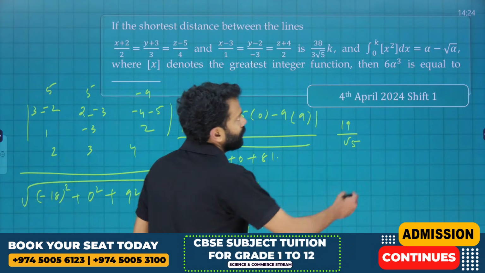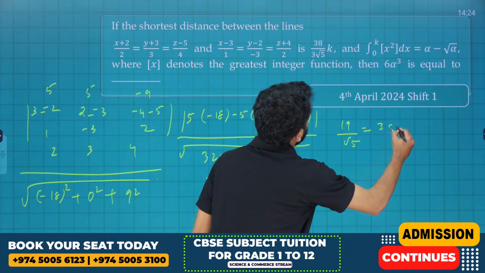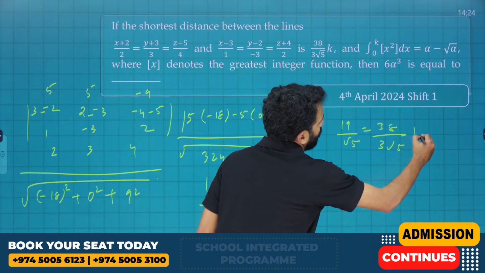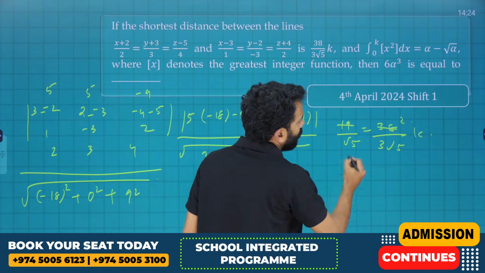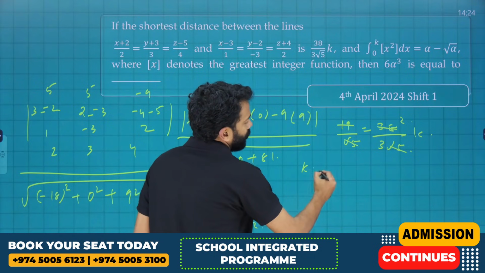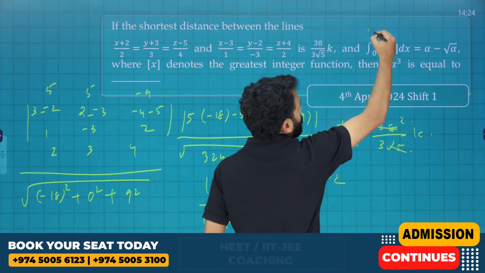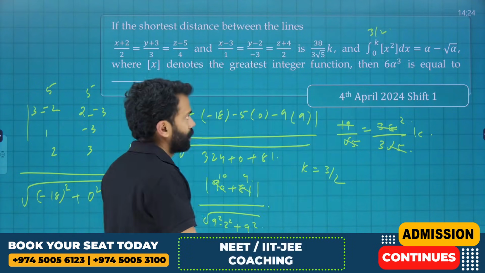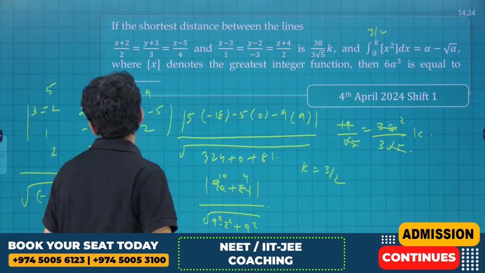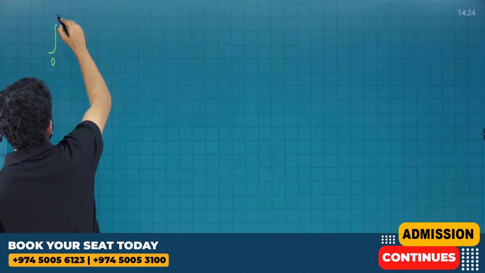So they have formulated it like 38 by 3 root 5 k, so k is equal to what? 3 by 2. So that is integral 0 to 3 by 2 of box x square dx. Okay, doable.